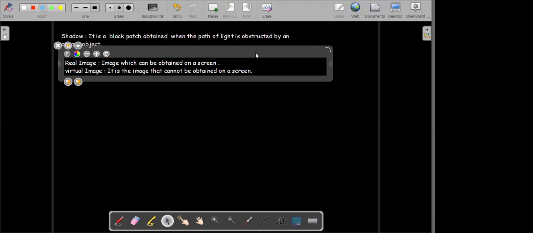So I have a concave mirror. Let me show you a real image.